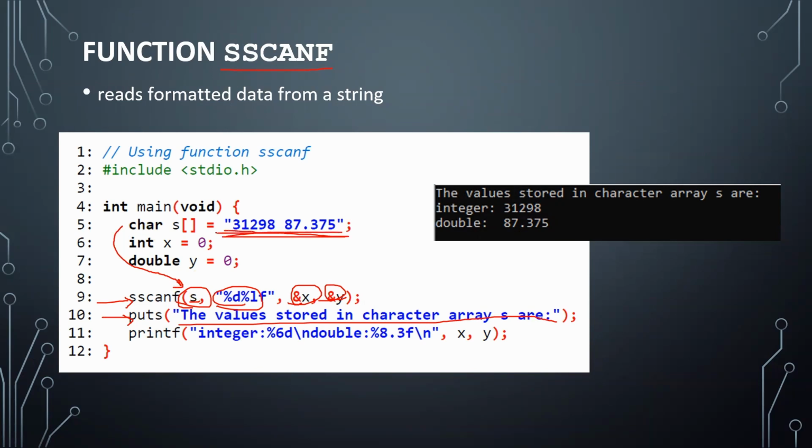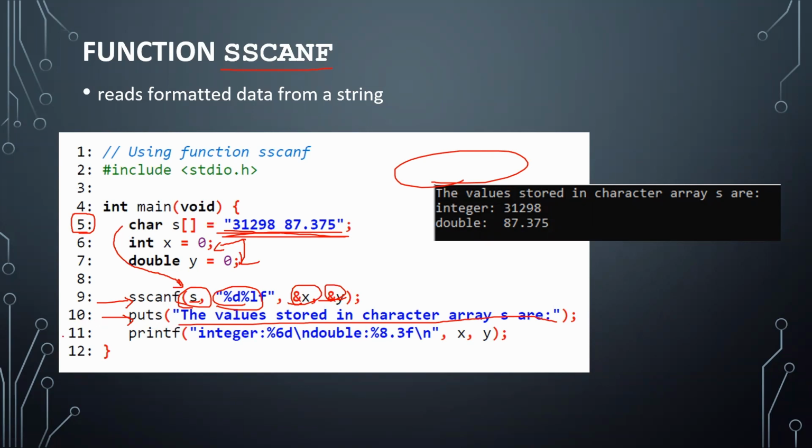It's getting it from a string that was already indicated before. And it is breaking it up and putting it into X and Y. That's why you don't see any kind of prompt up here for the user to enter anything. These values are coming directly from the definition and initialization done on 5.